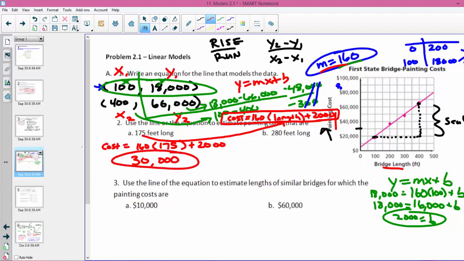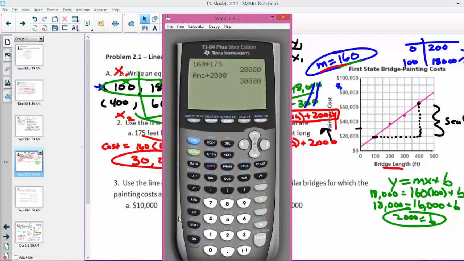And over here, the same exact thing for 280. So 160 times 280 plus 2,000. Grabbing the calculator back. And if I'm looking just to prepare what my answer should be, 280 is going to come up here and hit.